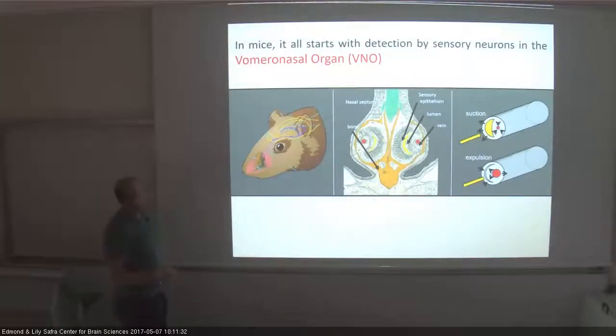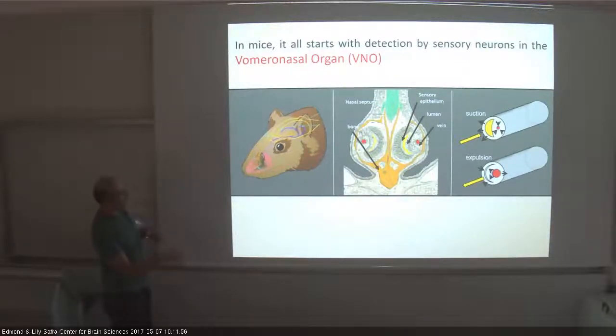Okay, so now let's talk about the physiology of the system. There are some really cool things about the system. This is again a different rodent from the previous slide, but you see here a section, and this thing here is called the vomeronasal organ. There are two vomeronasal organs, one on each side of the nasal septum.